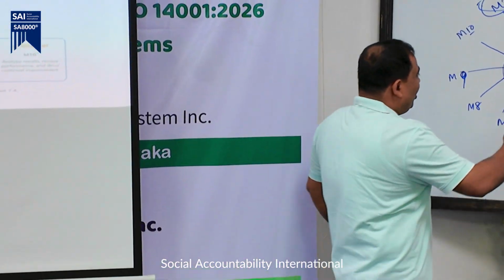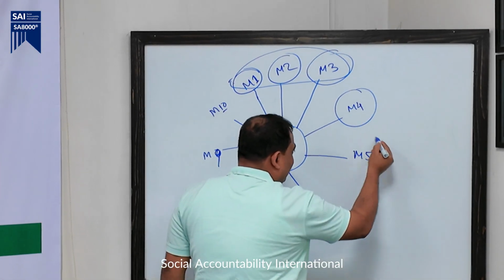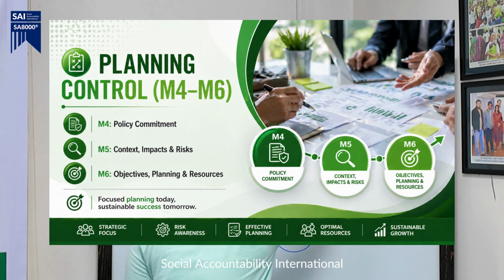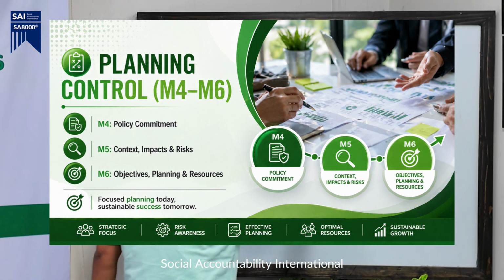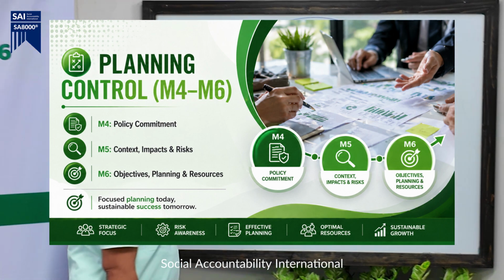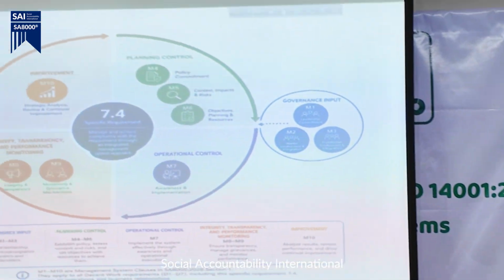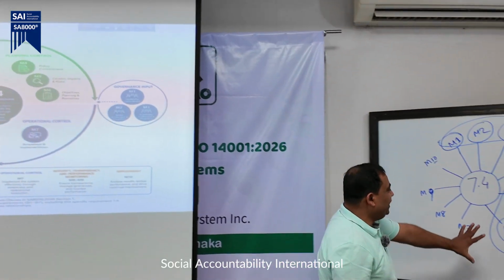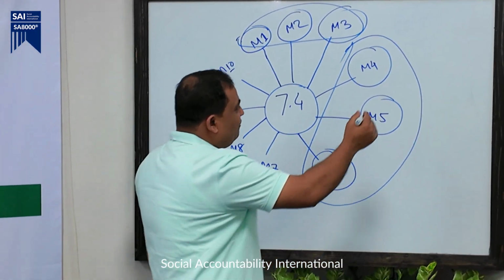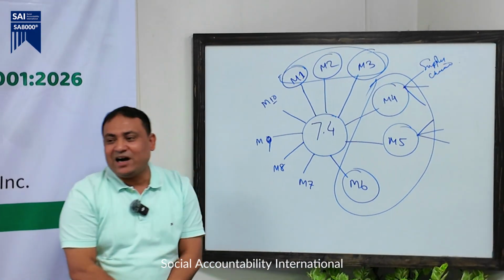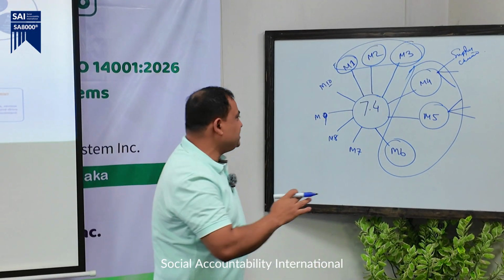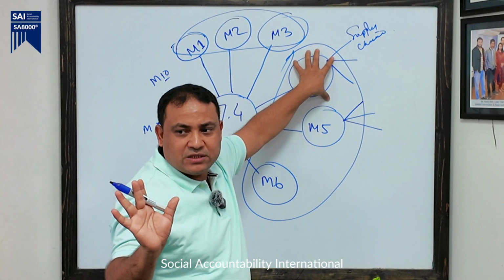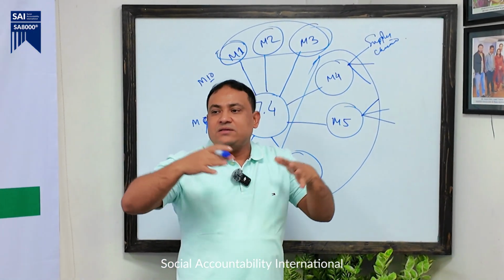Now let us talk about M4, M5 and M6. These three together we can say are actually planning, how to control. The plan will be here. So in M4 we have to set our policies. Top management will set their commitment regarding their supply chain.